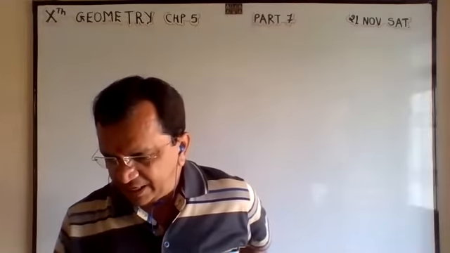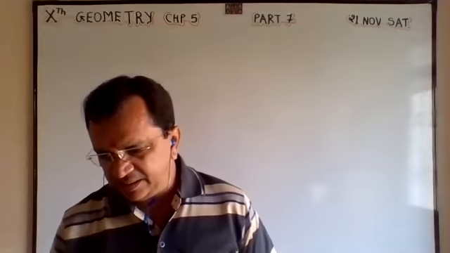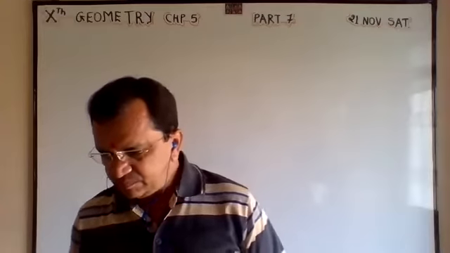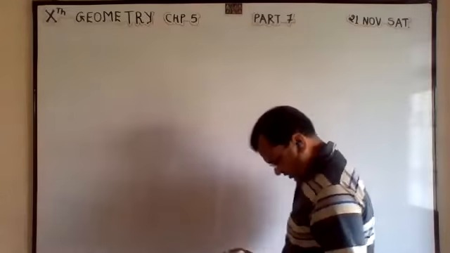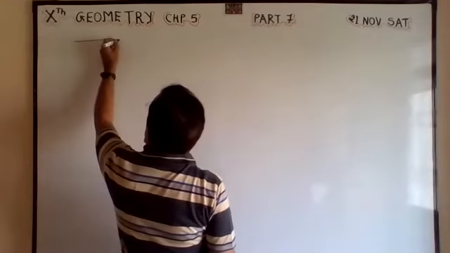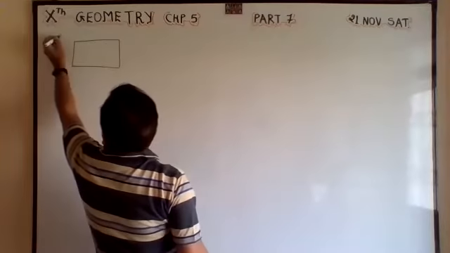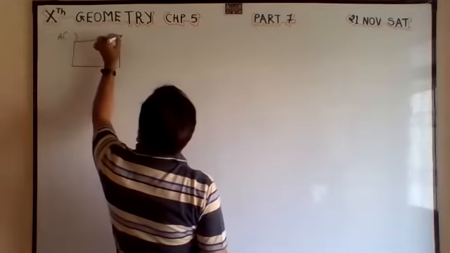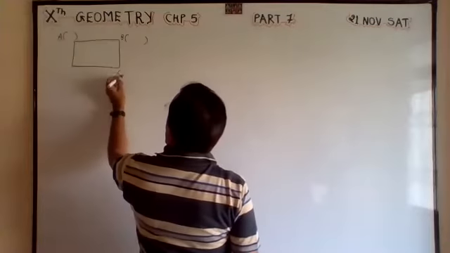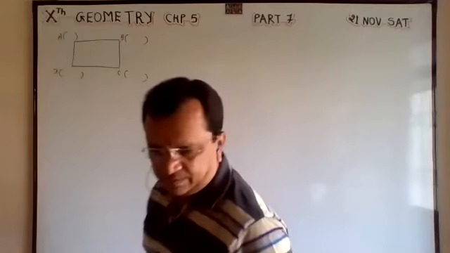Find the type of the quadrilateral A, B, C, D joined in a sequence. A is given, B is given, C is given, D is given.